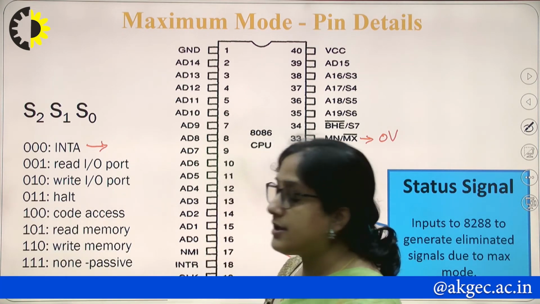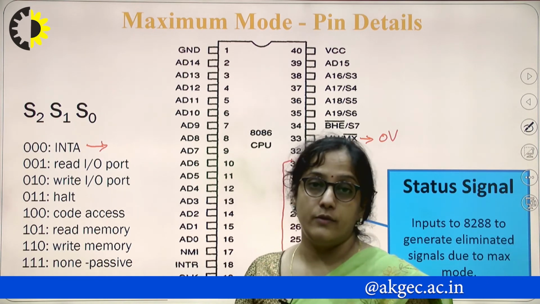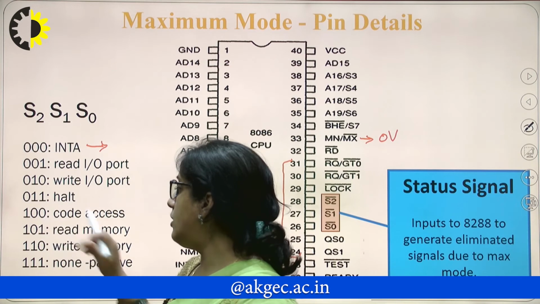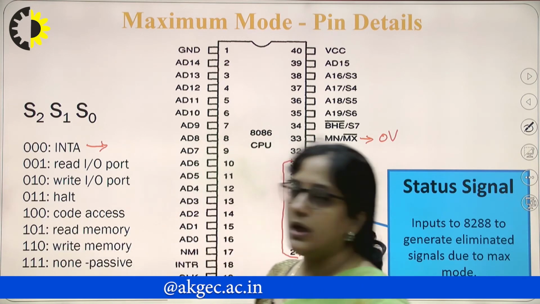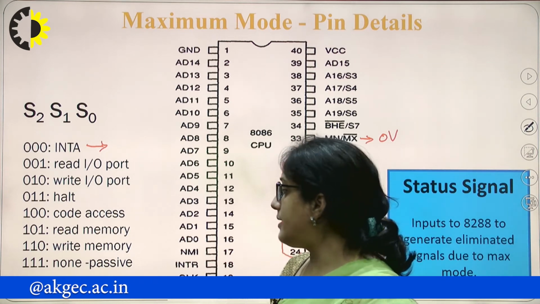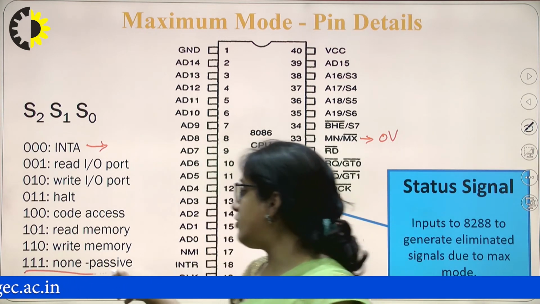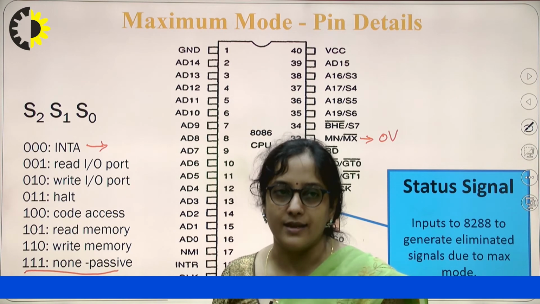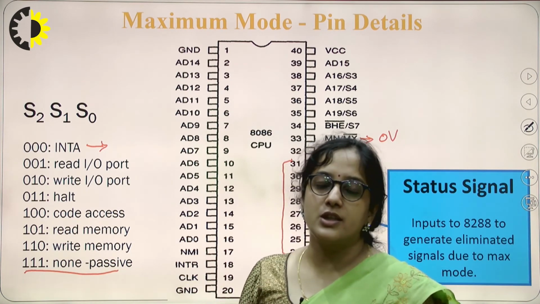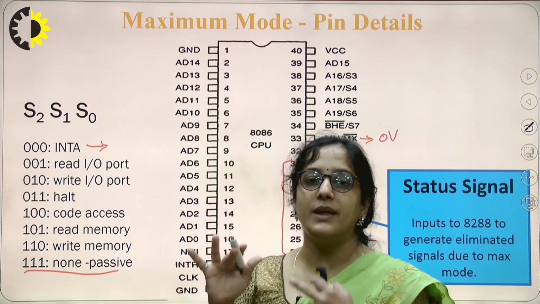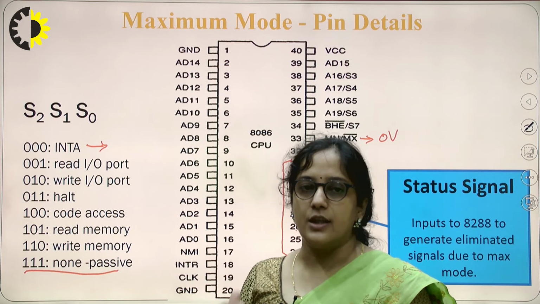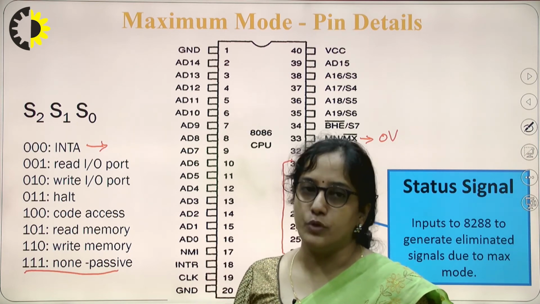If the microprocessor is accessing code from the code segment, it is 100. If it is reading from memory, 101, writing into memory, 110, and 111 is passive, meaning we are not performing any task. So status signals are used to indicate what operation the microprocessor is performing at that particular instant. These 3 pins are output pins.